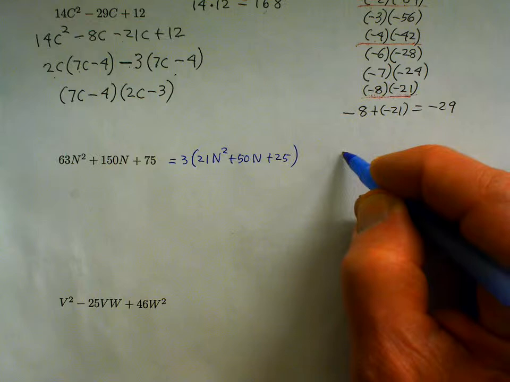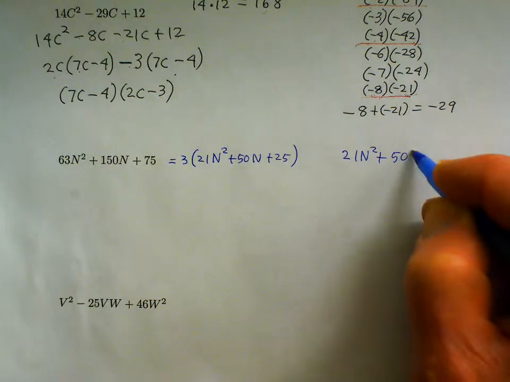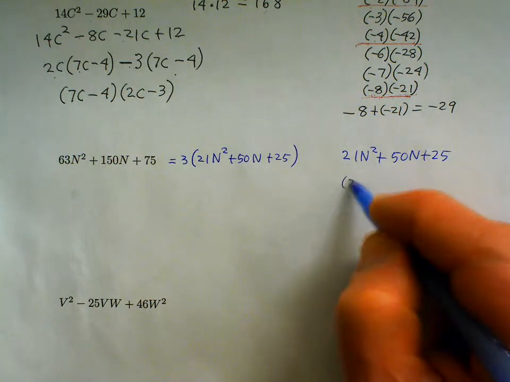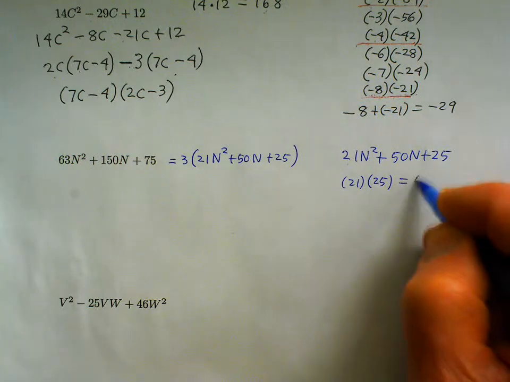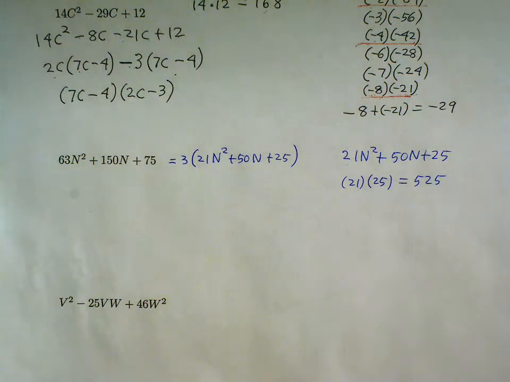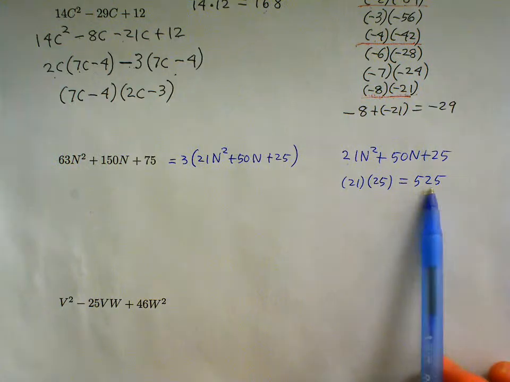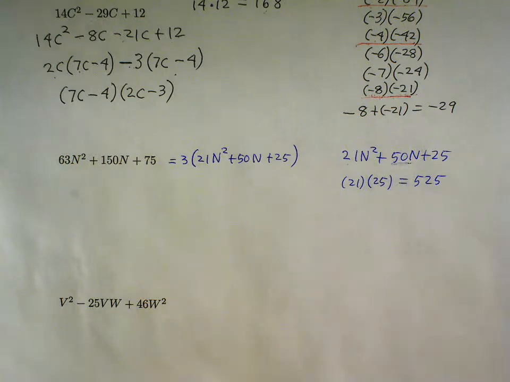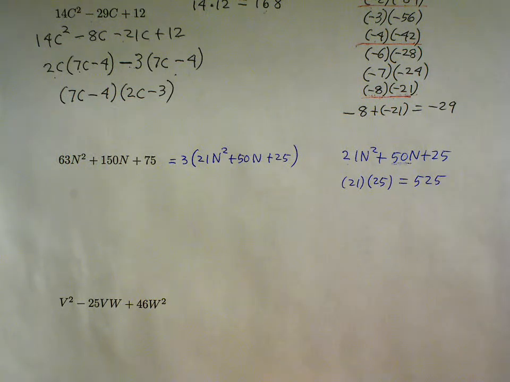So let's work on that over here, 21n to the second plus 50n plus 25. So 21 times 25 is 525. We want to find two integers that have a product of 525 and have a sum of 50. So if the product is positive and the sum is positive, both must be positive.